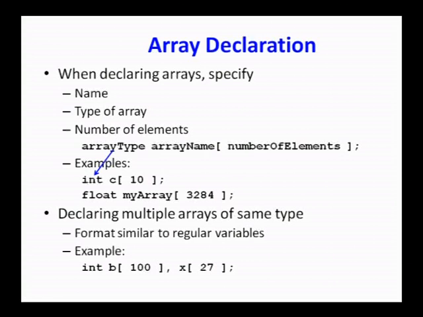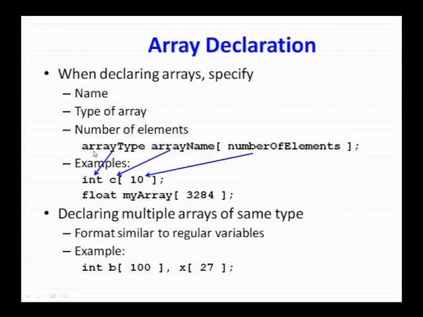Here, as you see, the format for declaring an array would be the array type, the array name, and the number of elements enclosed within square brackets.